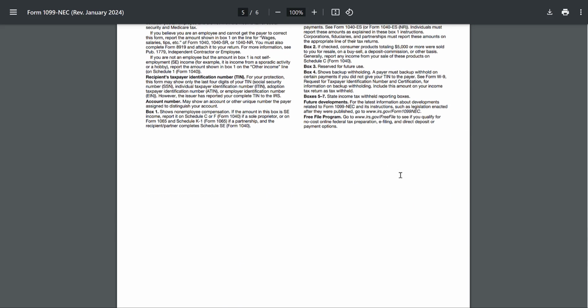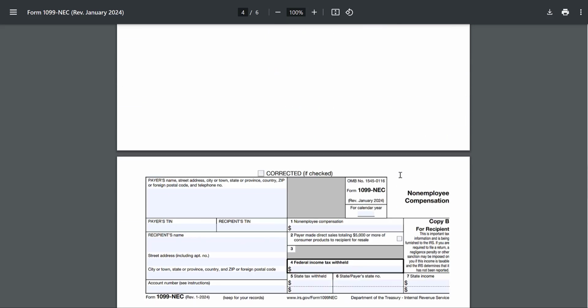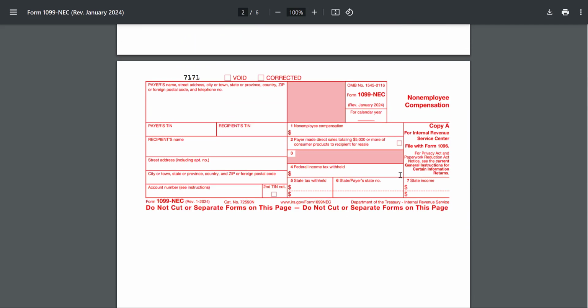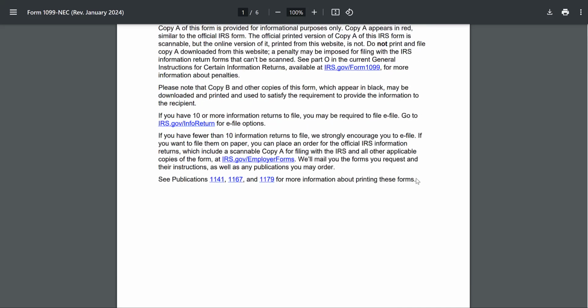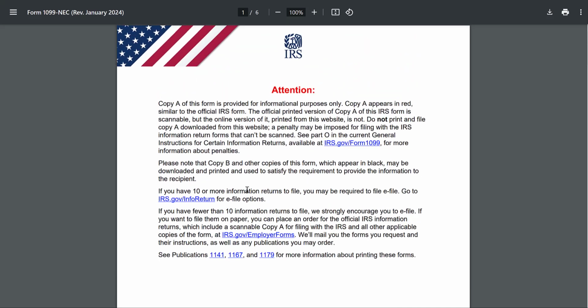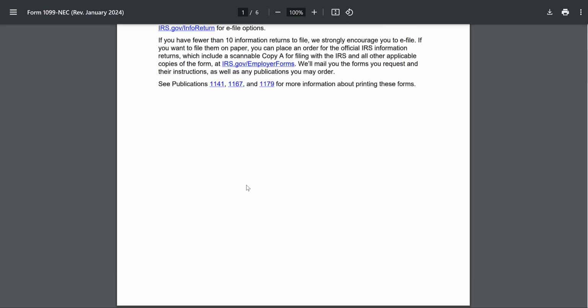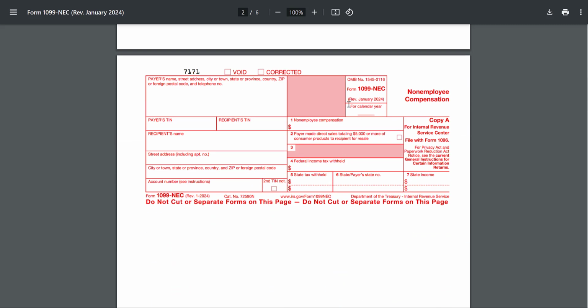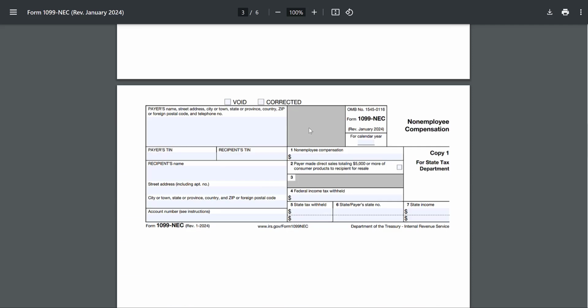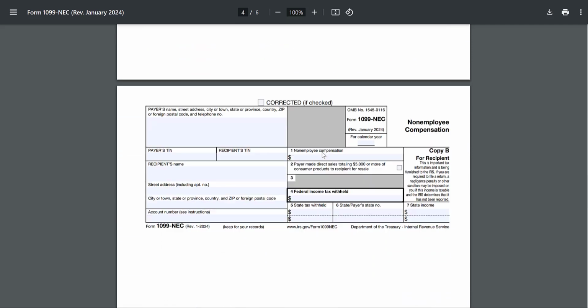So there are 4 separate 1099 NEC copies. They all get the same information. They're copies, right? So when you download this file, this page is for the employer to keep, so for you to keep. This page goes to the IRS. This page goes to the state if applicable.